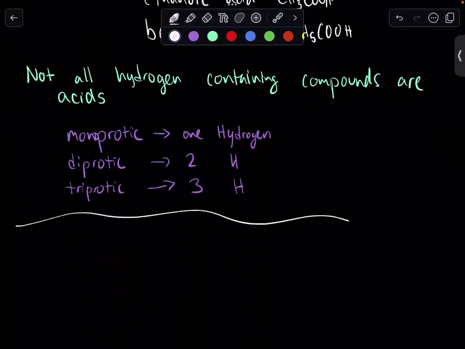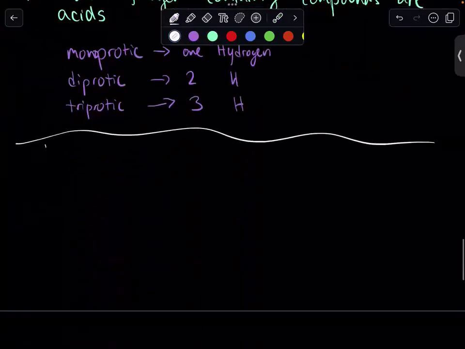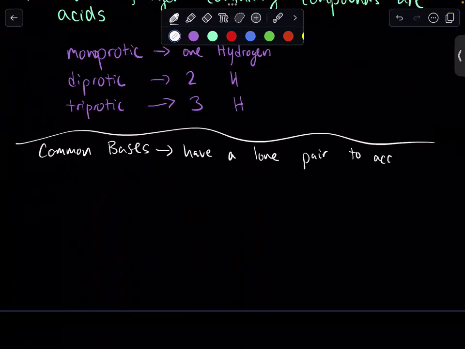All right, the last thing we're going to cover now is finally our common bases. And we'll go pretty quickly through these. For our common bases, like we mentioned before, they have a lone pair to accept protons or H plus ions.